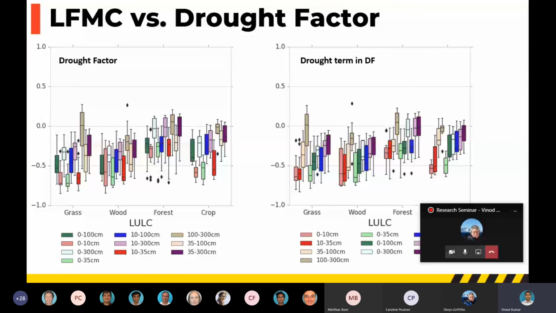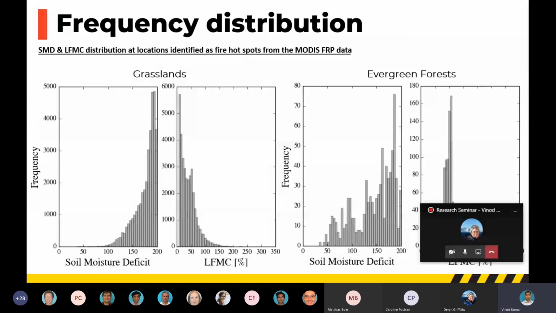So this analysis that we did uses the soil moisture deficit derived out of JASMIN and the live fuel moisture content from the AFMS, just a frequency distribution of all the points which correspond to hotspots detected from the MODIS FRP data.